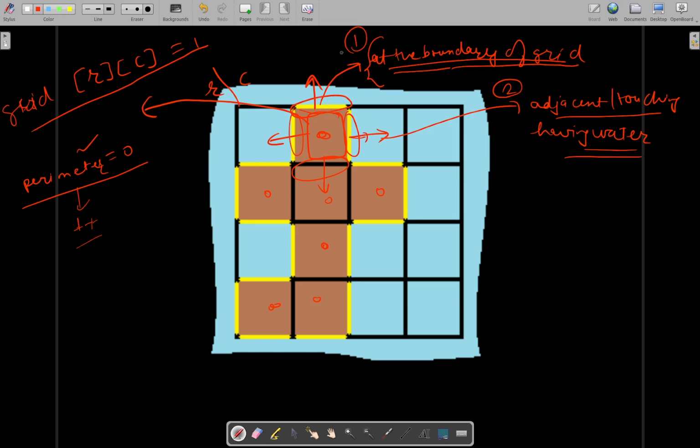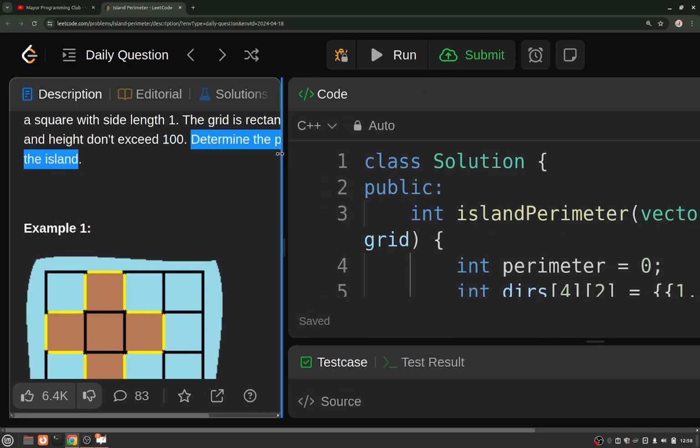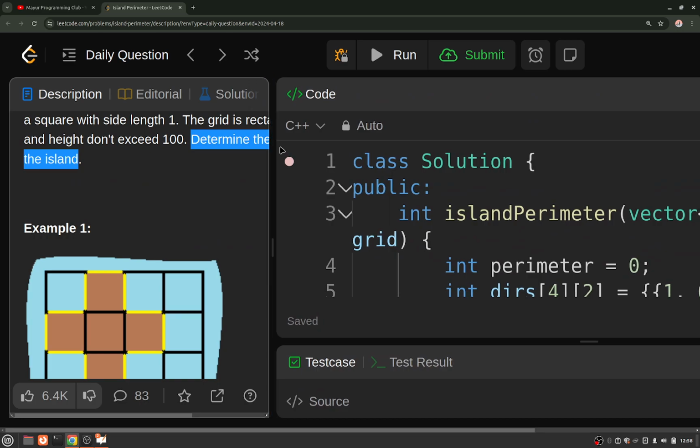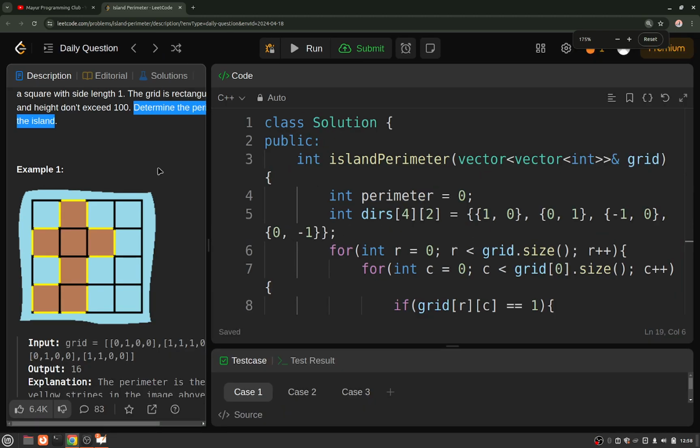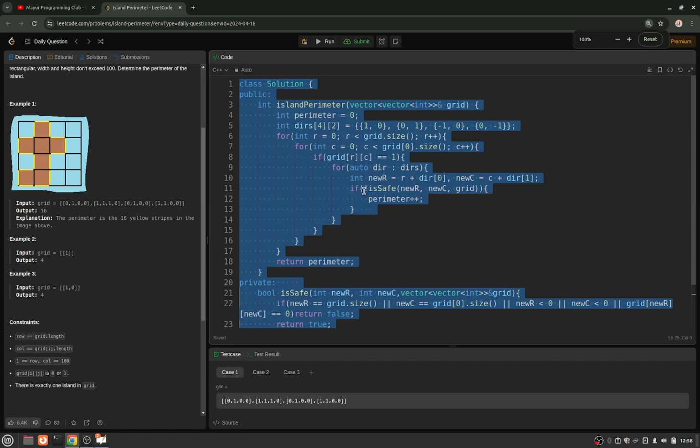Let's have a quick look at the implementation also, where things will be more clear, and we will also talk about the overall time and space complexities of the solution that we have implemented.